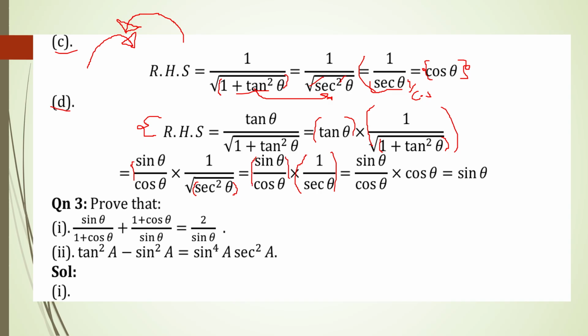So you have sine theta over cos theta times cos theta. This cos and this cos cancel each other, and you end up with sine theta as your final answer, and that's what was required in the proof we are handling.